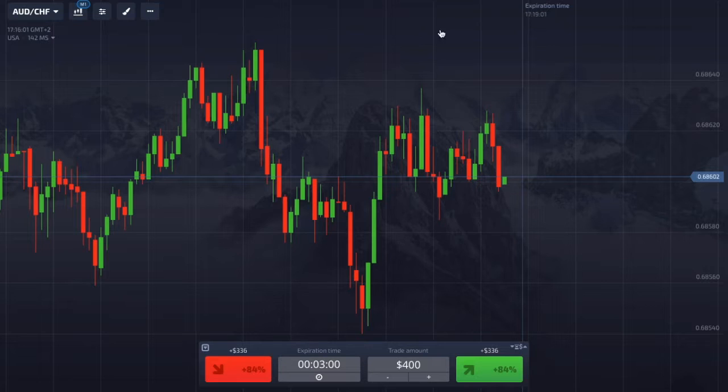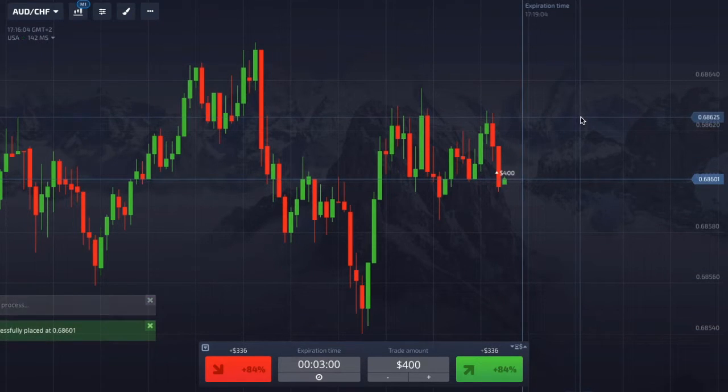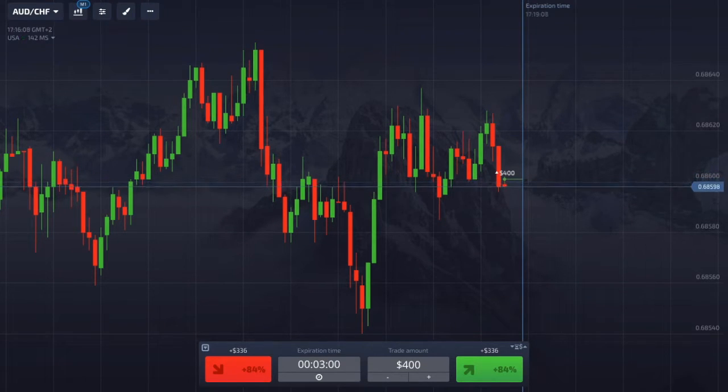So new open, let's go in and buy here. So we're retracing some more, nothing wrong with that. What really matters here is if we close above this level after 3 minutes.